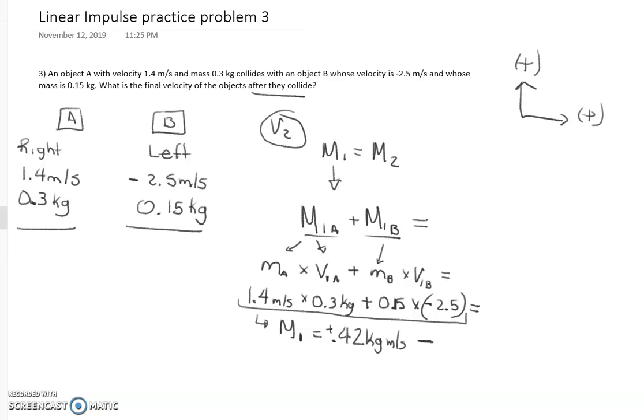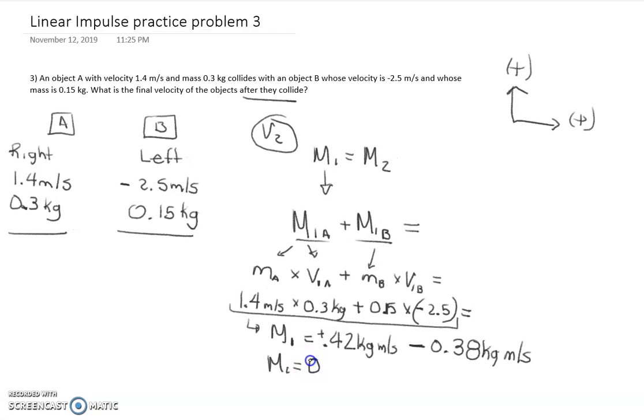And then minus, because the momentum of this object that's traveling to the left, going in the opposite direction of the positive, is going to be 0.38 kilogram meters per second. And this will be equal to 0.04 kilogram meters per second, right? So we subtract this from that because this one is negative and this one is positive.